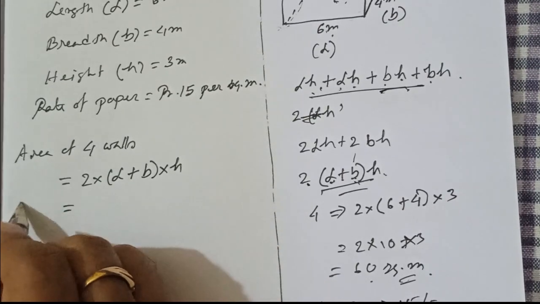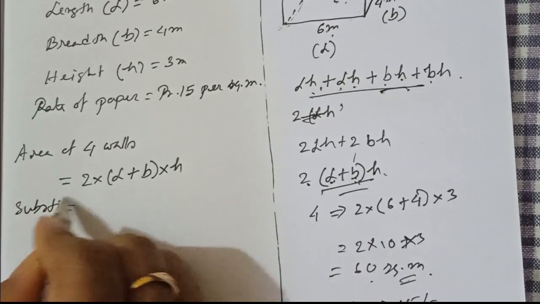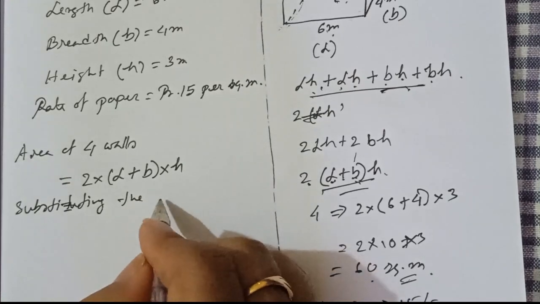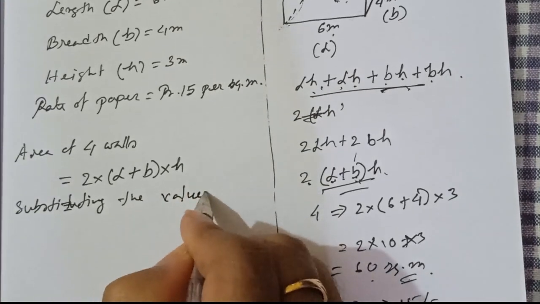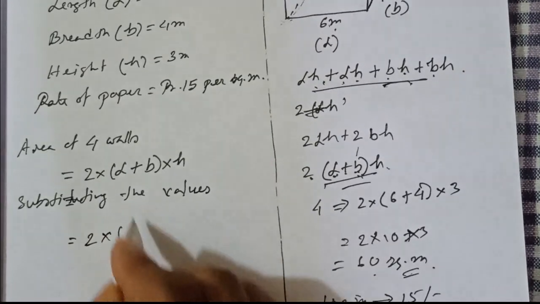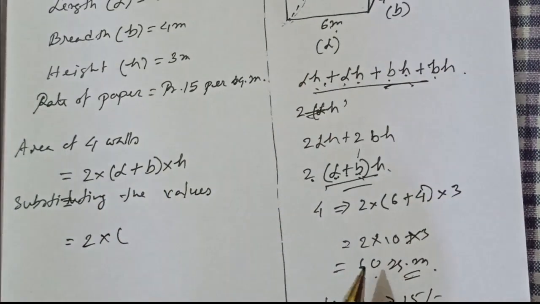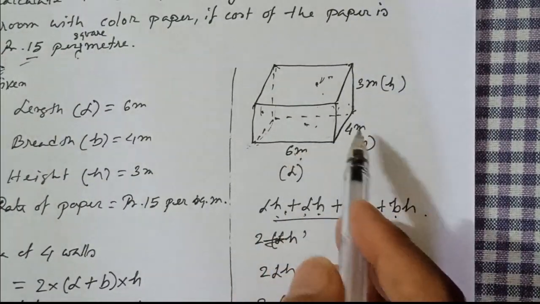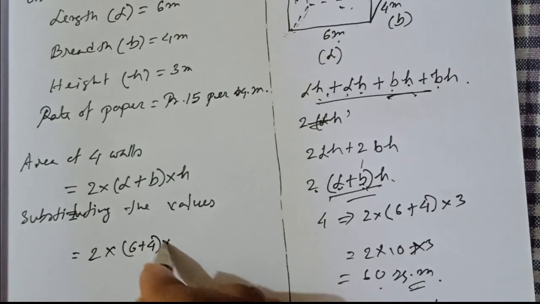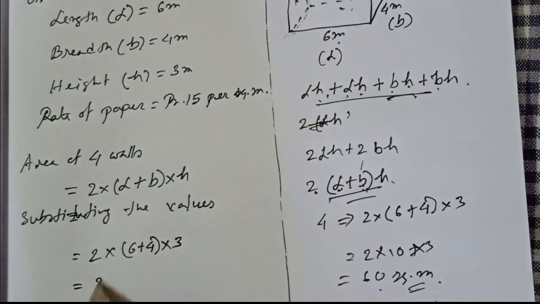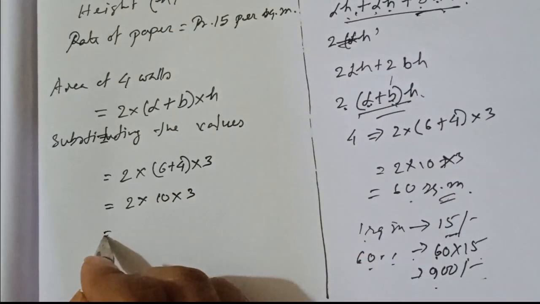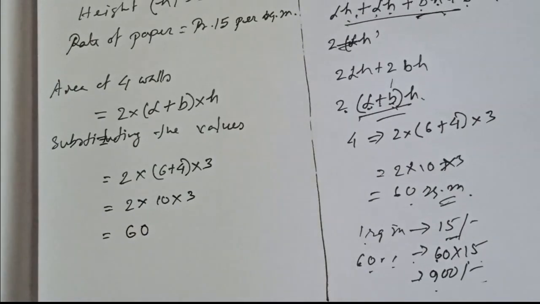So substituting the values, we have 2 into (L plus B), it is 6 plus 4, into 3, which is equal to 2 into 10 into 3, which is equal to 60.